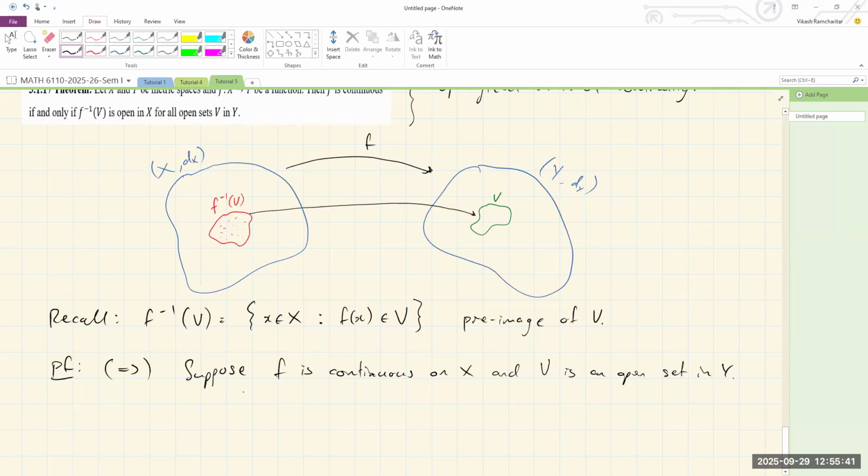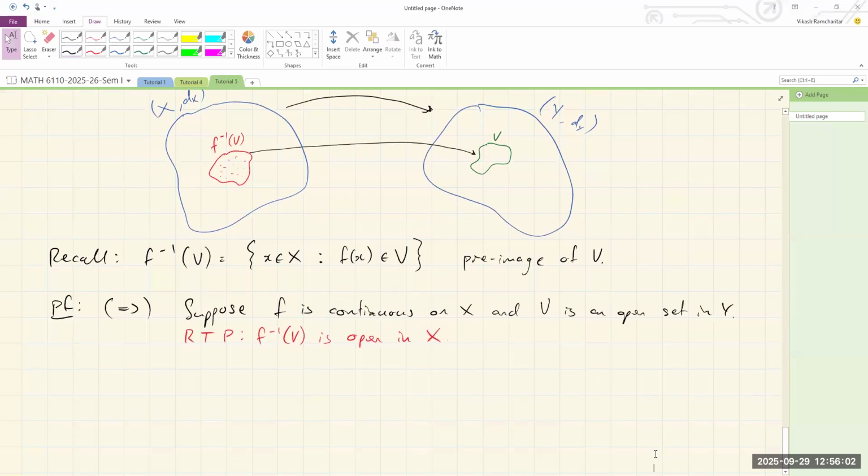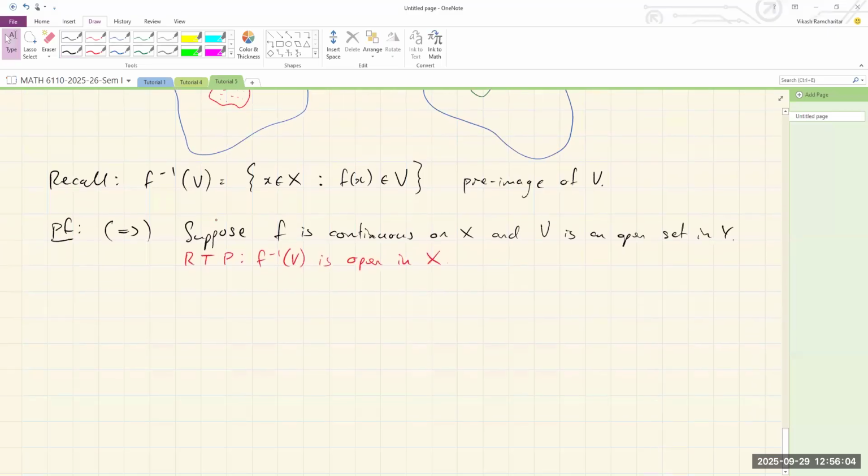So we could say here, so we don't lose track of where we're heading, we are required to prove the pre-image of V is open in X, right? There's quite a bit to keep track of. You have to keep track of where each of these sets live, which one is open where, and we'll be jumping back and forth between the domain and the codomain.